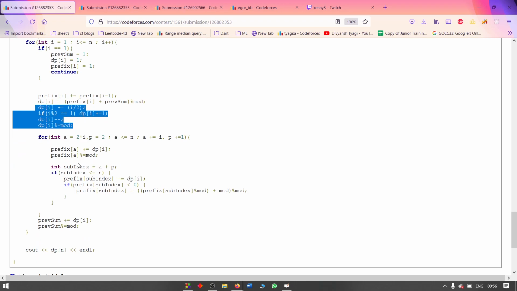So with p equals 2 here, from p into I, you would add dp of I to prefix at the leftmost part of the range, and you would subtract dp of I from the rightmost part of the range.